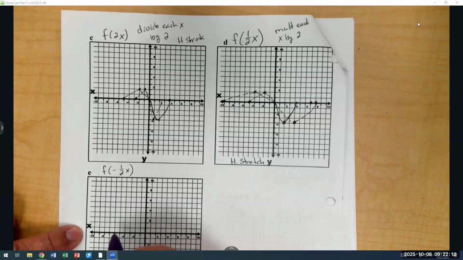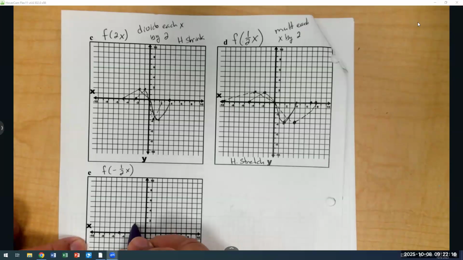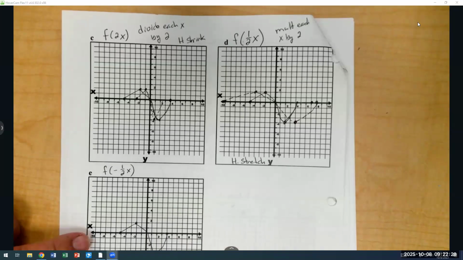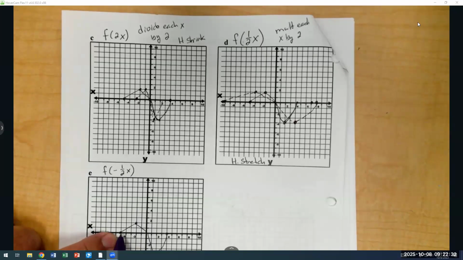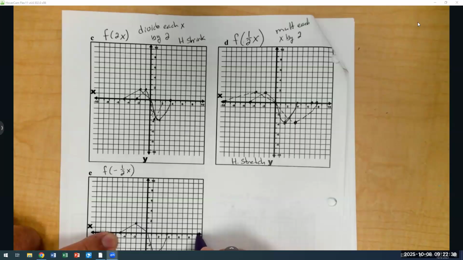So the first point was we had negative 5, 0, negative 2, 2, 0, 0. Right. So our x values, negative 5 times negative 2 is positive 10.